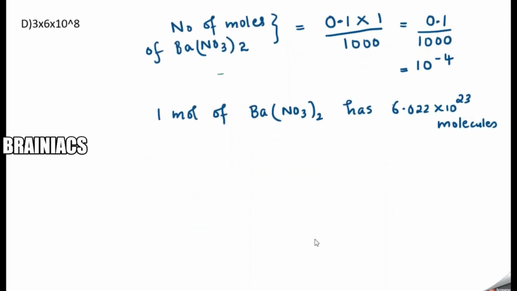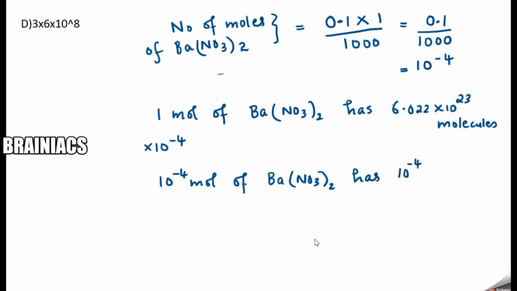So you can multiply by 10 power minus 4 on both sides. So 10 power minus 4 mole of barium nitrate, Ba(NO3)2, has, multiplying on the RHS also, 10 power minus 4 into, instead of 6.022, I am writing Na for convenience, this many molecules.